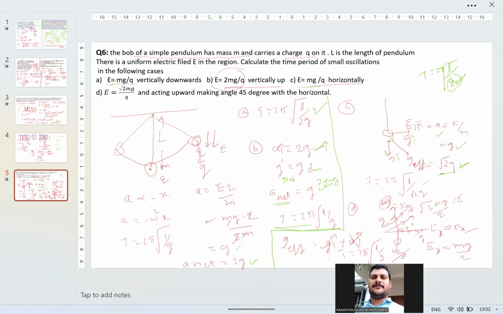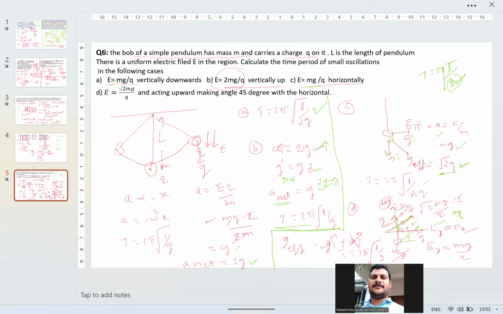Now coming to the fourth case, there is root 2 mg by q in the xy plane, making an angle of 45 degrees with the x-axis on the pendulum. So Ex and Ey are found; along the x-axis it is mg by q only.